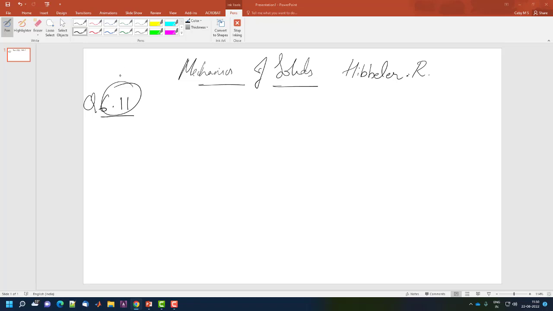So I'll just read out the problem. Draw the shear force and bending moment diagrams for the pipe. The end screw is subjected to a horizontal force of 5 kilonewton. Okay, so let me draw this.